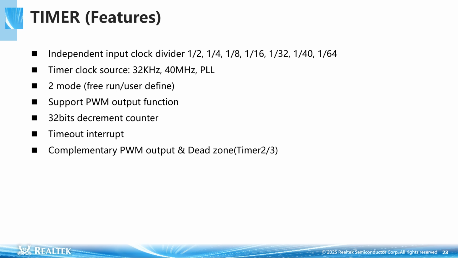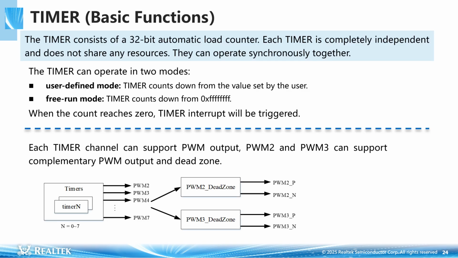Each timer supports PWM output mode. Point 5. It uses a 32-bit down counter. Point 6. It supports timeout interrupt. Point 7. It can generate complementary PWM outputs and support dead zone control.